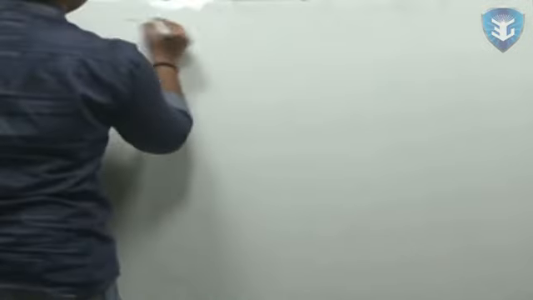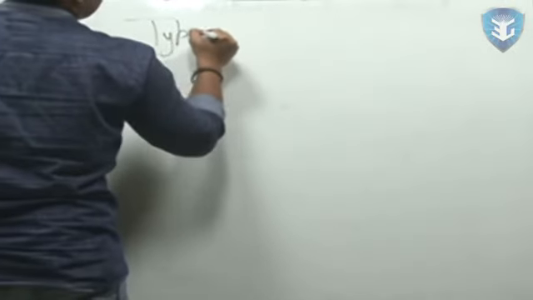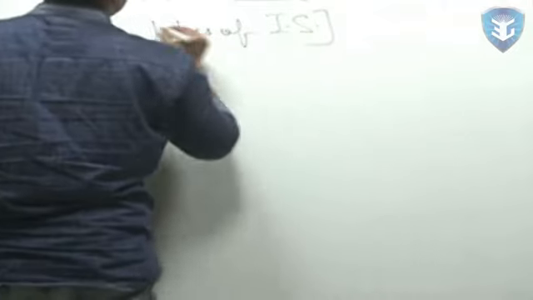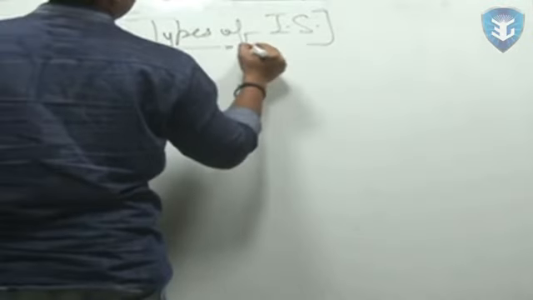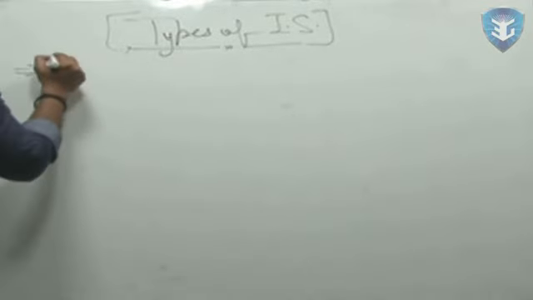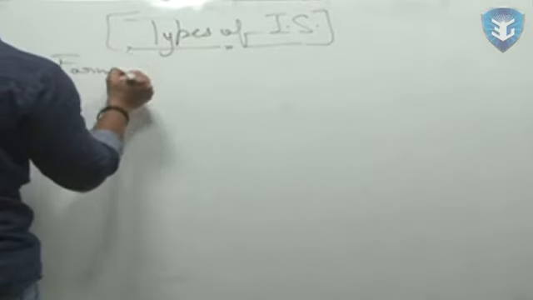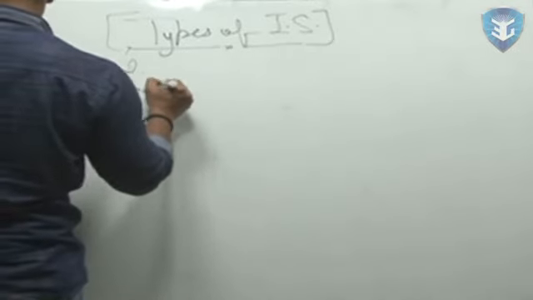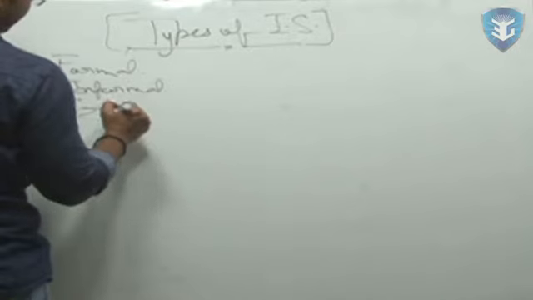And now, the types of information systems. One is formal, second is informal, and the third one is computer based.